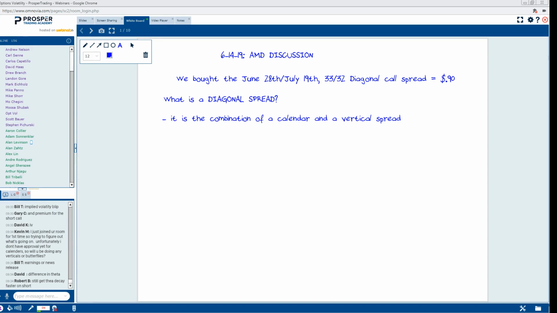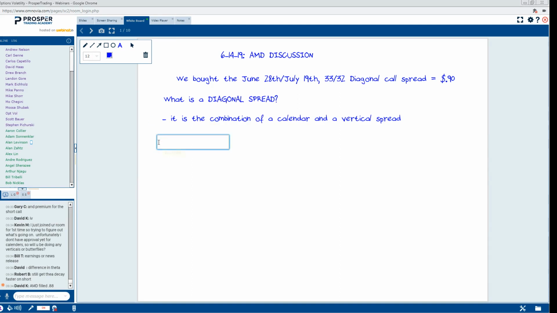So the way that I like to think about a calendar spread that is not done for the purpose of an earnings play is, and I'm going to put this on the board, buying a further out option and financing it by selling a closer one.